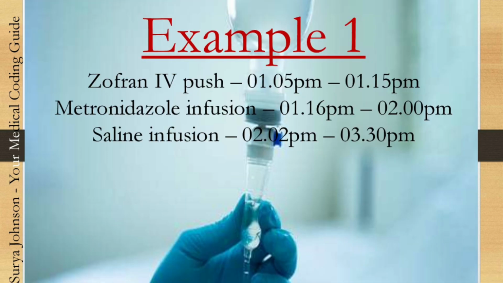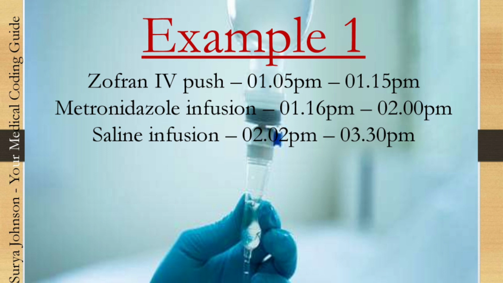Example 1. Zofran IV push was given from 1:05 p.m. to 1:15 p.m. Then metronidazole infusion was given from 1:16 p.m. to 2 p.m. Then saline infusion was given from 2 p.m. to 3:30 p.m. So how can we code this one? This scenario will consider that all the medical necessity is met, so we'll focus on the CPT codes.